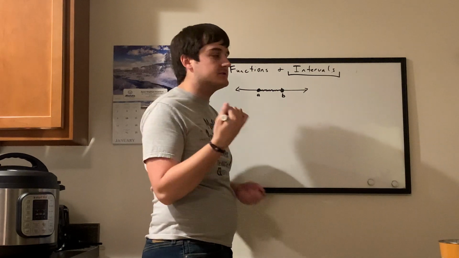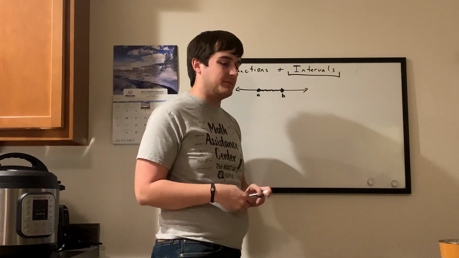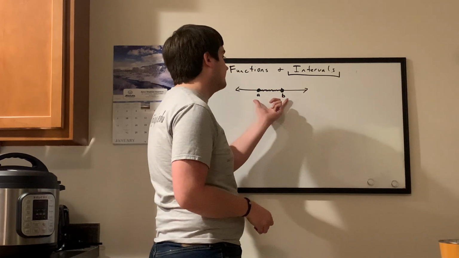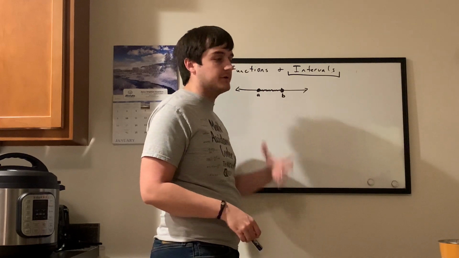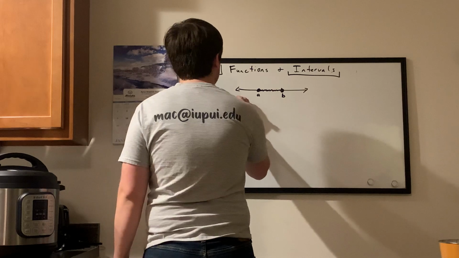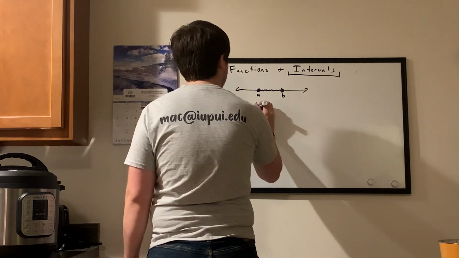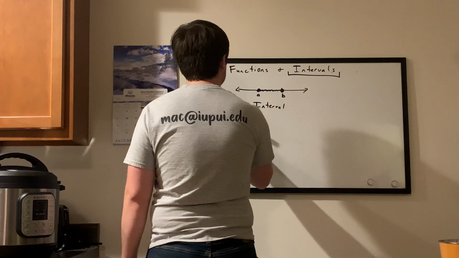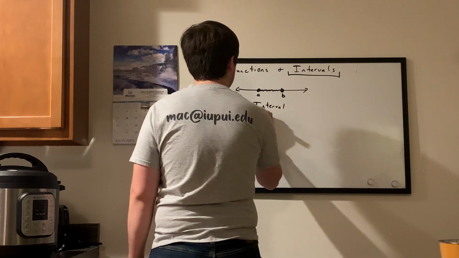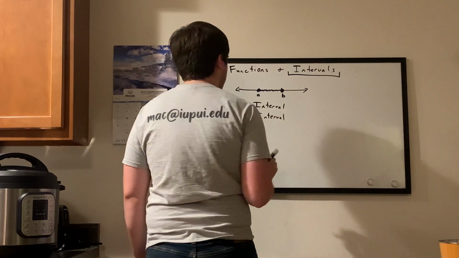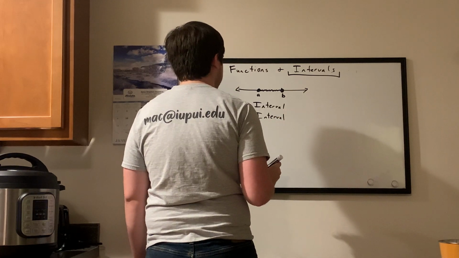There's a few ways to represent this, because sometimes we may want to include the things on the outside, or we may not. I'm going to list a couple here: an open interval, a closed interval, and more.